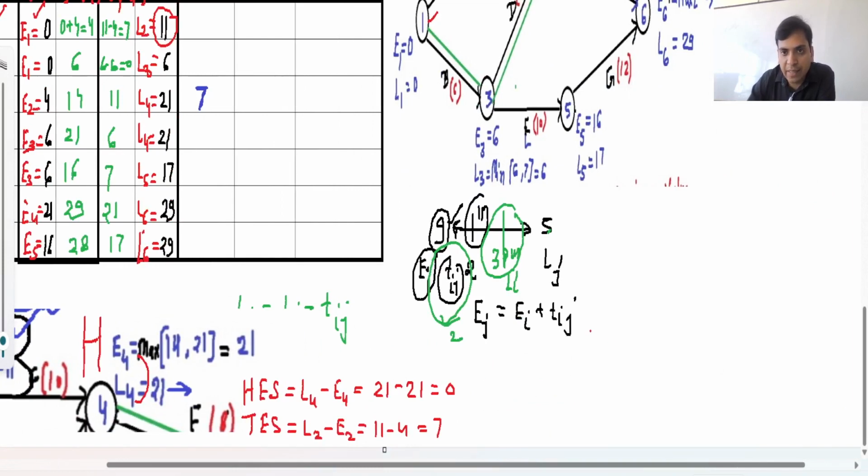Suppose there are 3 tasks in an office, 1 to 3. First we complete the first task, then the second task, then we will do the third task. And office hours are 9 to 5. This is the earliest start time. This is the latest finishing time.